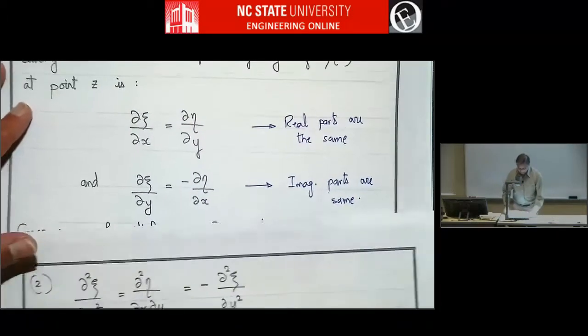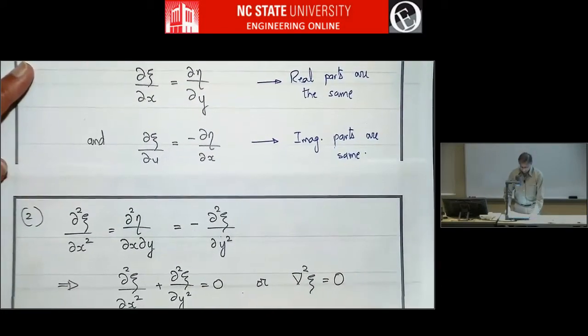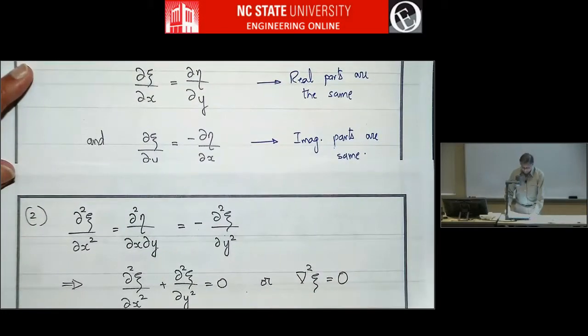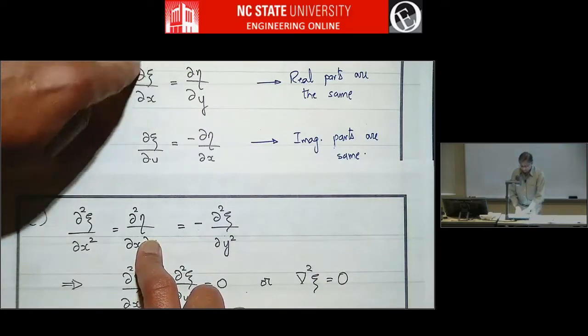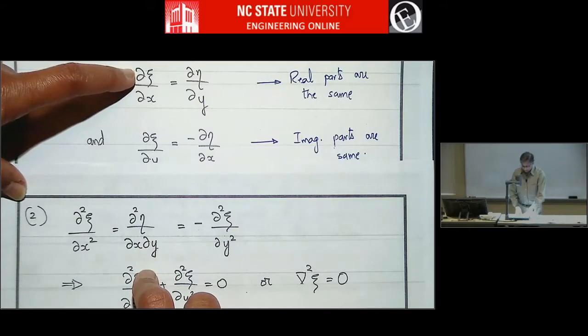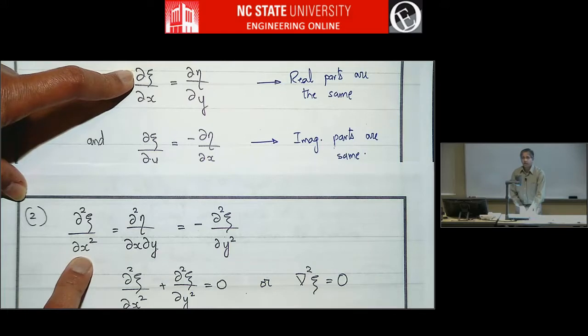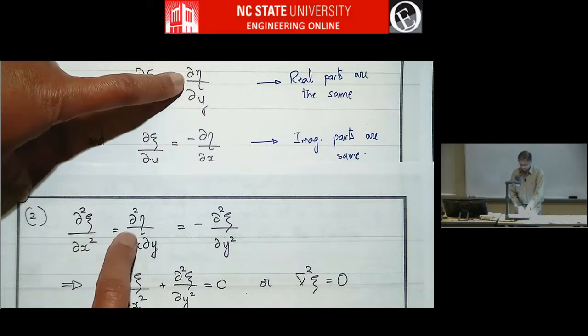The second consequence is, and I think I have to show it together, let's take the derivative of the first equation with x. This will become d squared psi over dx squared, and the derivative of this with x is d squared eta over dx dy.